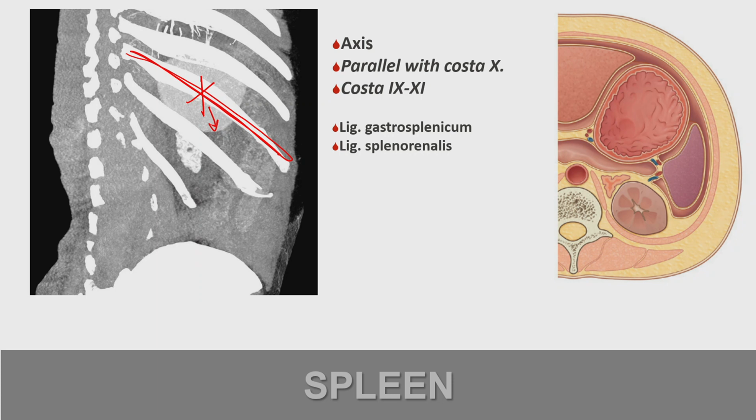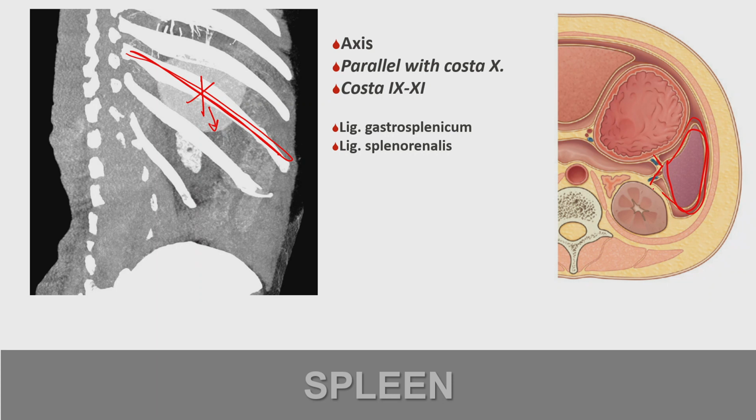It's developing in a part of dorsal mesentery, in dorsal mesentery of gastric region. So this is seen very well here. Spleen is surrounded by free peritoneal space.